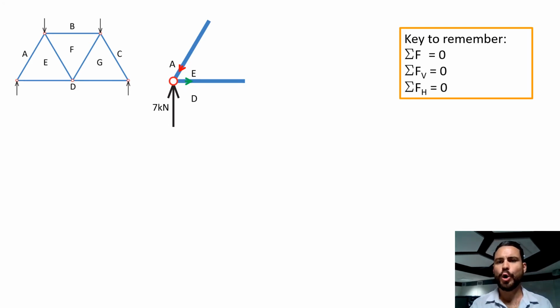Okay, for all of what we're doing with method of joints, I want you to remember this key: sum of forces equals 0. Our system's in equilibrium. That's a good day for an engineer, where our bridge is not falling down. Remember, if your system is not in equilibrium, the bridge is falling apart for some reason. So we don't want that to happen. Sum of forces vertical equals 0.